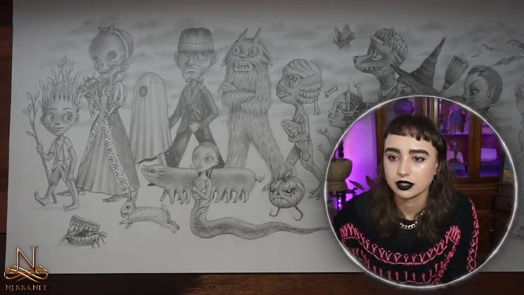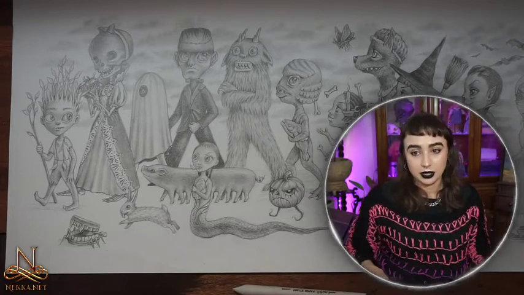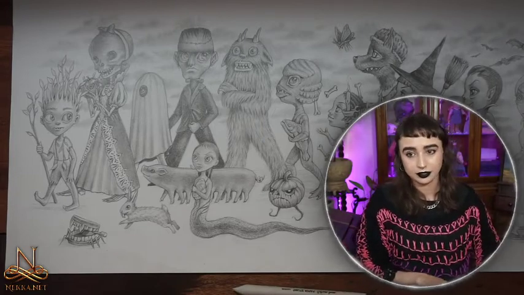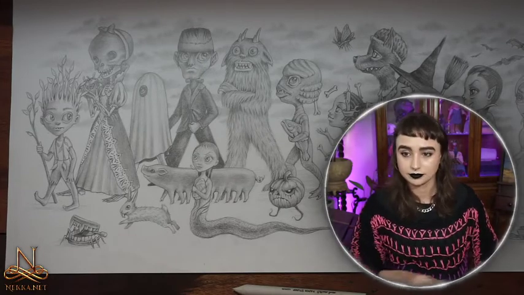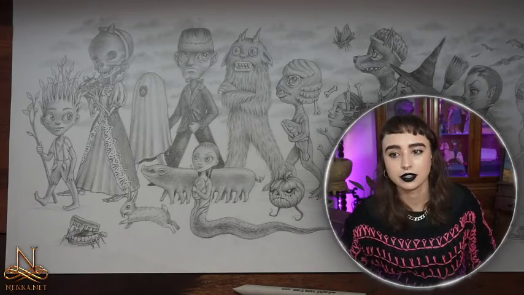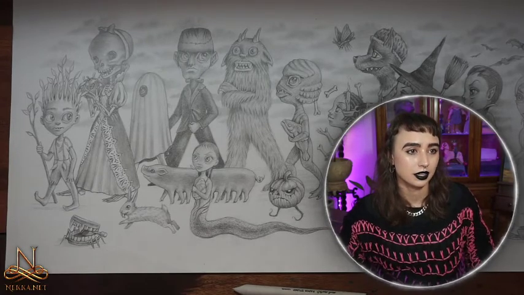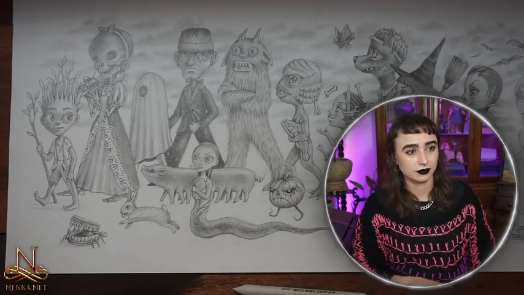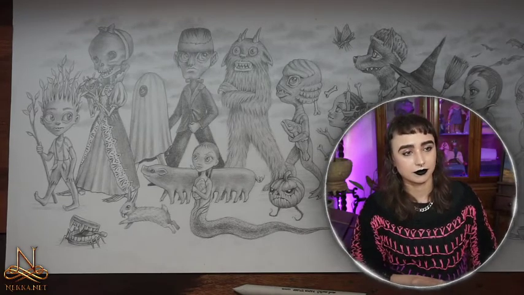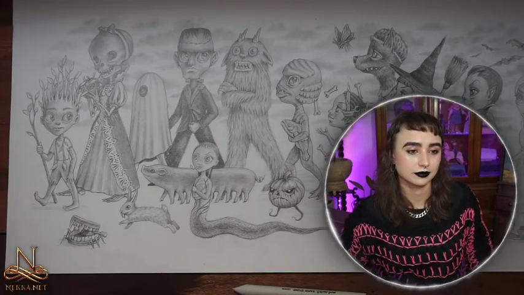Let me try to find it. I don't remember if it was my alien or my mermaid. I'll find both and show you guys both. It was one or the other. Oh, yeah, this one as well.